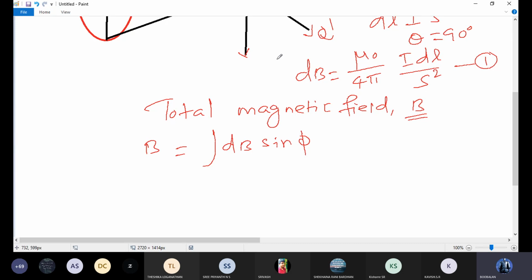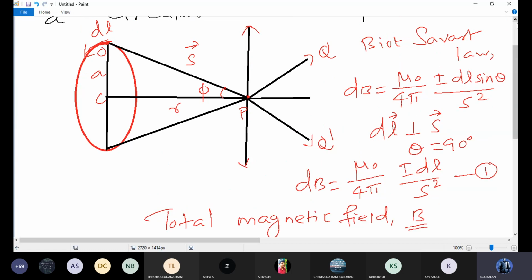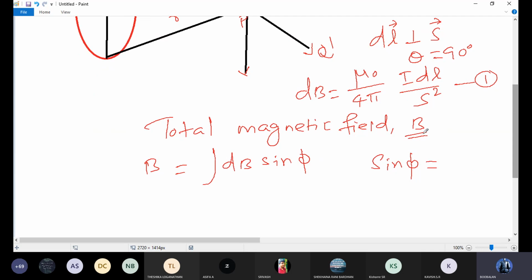And what is the value of sin phi? Sin is opposite by hypotenuse, no? From the above diagram, taking sin phi, you will get A by S. So dB value I know, sin phi value also I know.